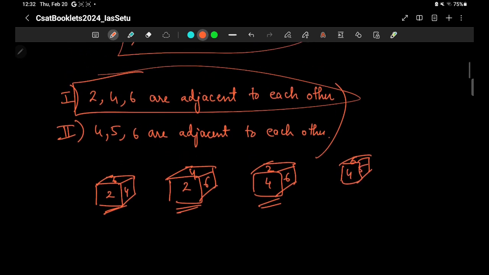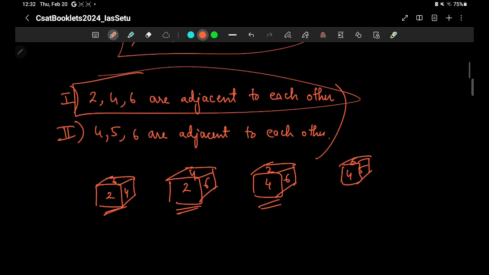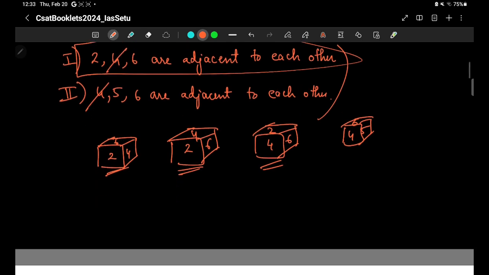So in this case, you can apply that logic which I told you. If it is the same side, you can just cancel it out. 4 is the same side, so let's take that cube here: 4 5 and 6. You can just cancel 4 here, and then you can cancel 6.